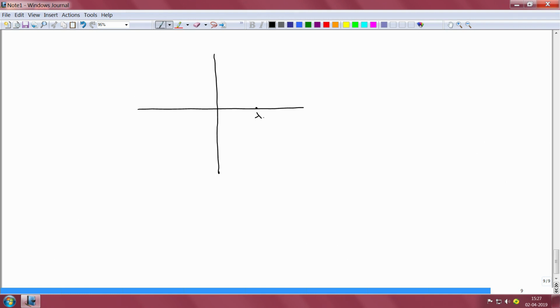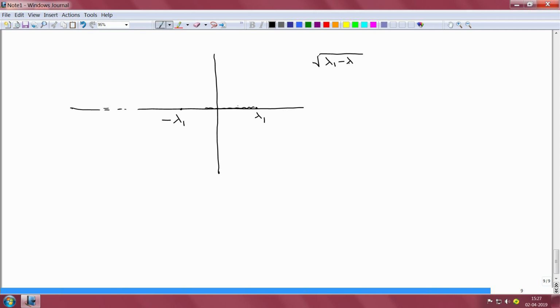This is lambda 1 and here it's minus lambda 1. So for square root of lambda 1 minus lambda, we have this branch cut. It goes off to infinity. I'm keeping it light now.